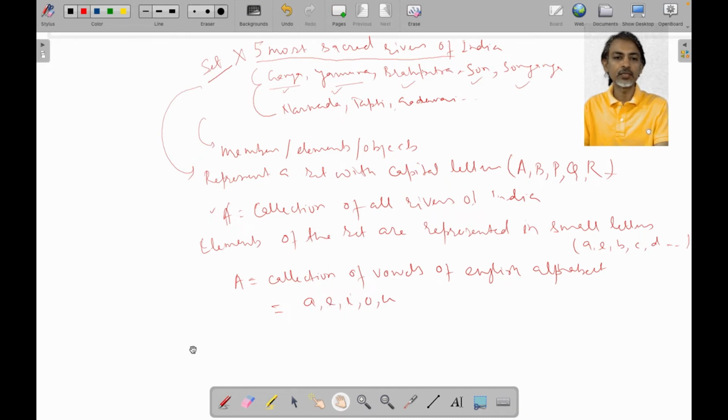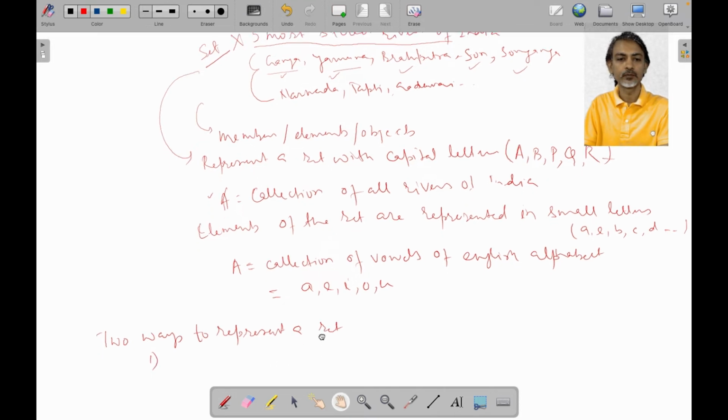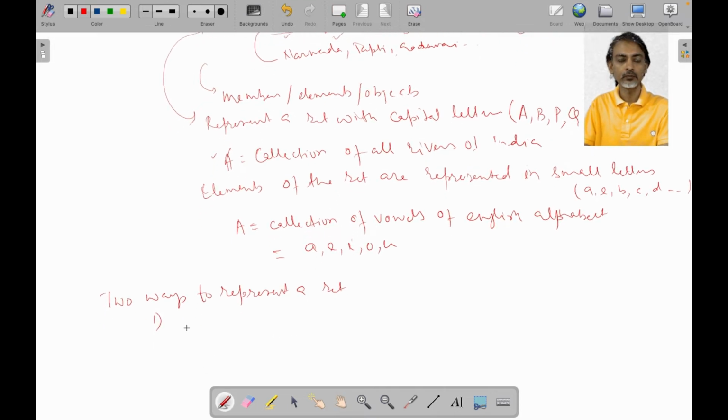Now we will try to understand how these sets are written. There are actually two ways to represent a set. One we call roster form or tabular form.